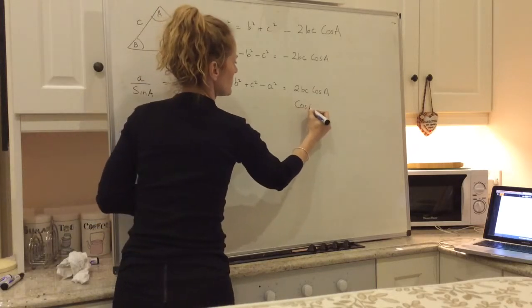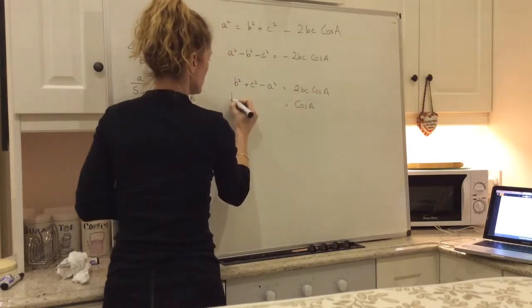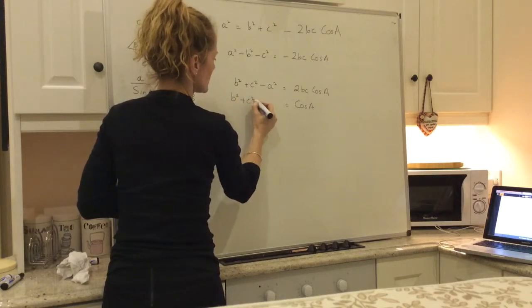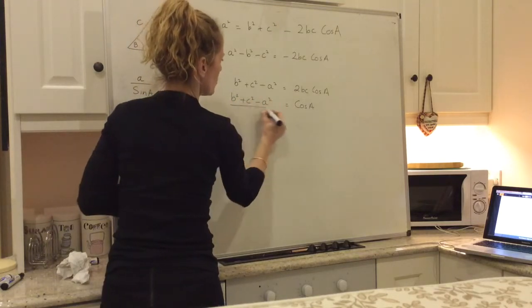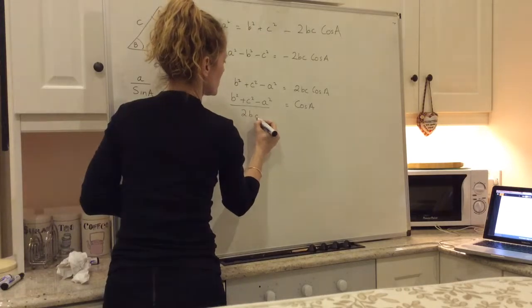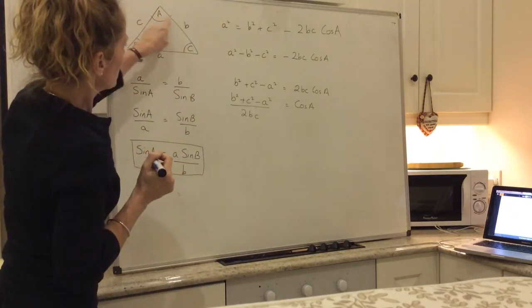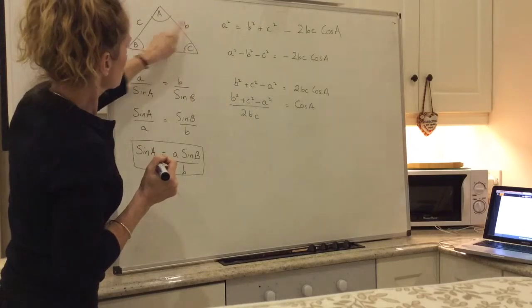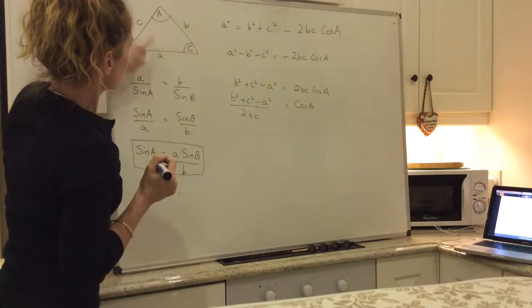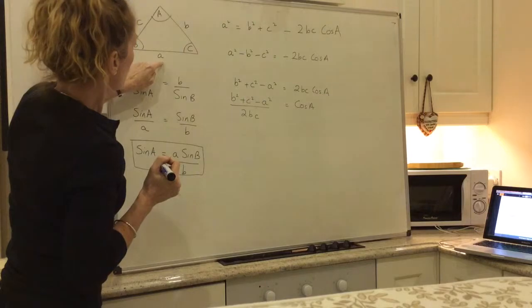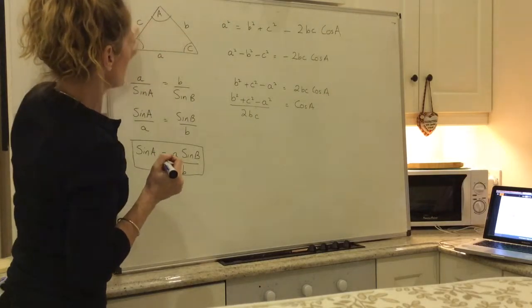Cosine A then becomes b squared plus c squared minus a squared over 2bc. Okay, so what that means is the cosine of an angle is this side squared plus this side squared minus this side squared divided by twice this side by this side.